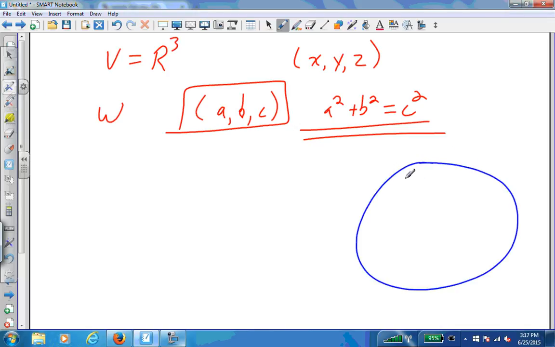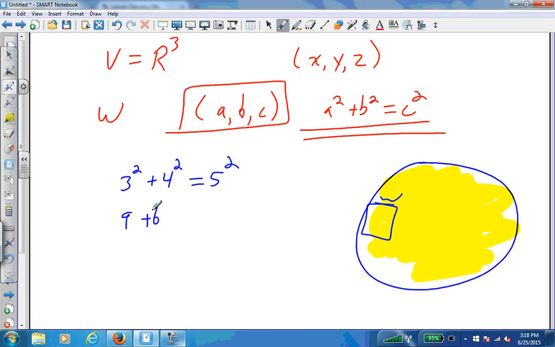So our R3, that's all three-dimensional vectors. W, that's just a little sample of those such that we take the first component squared plus the second component squared, it gives us the third component squared. For example, 3 squared plus 4 squared is 5 squared. 9 plus 16 is 25.